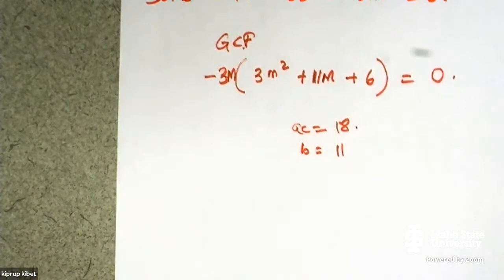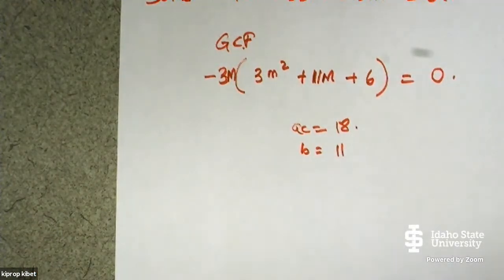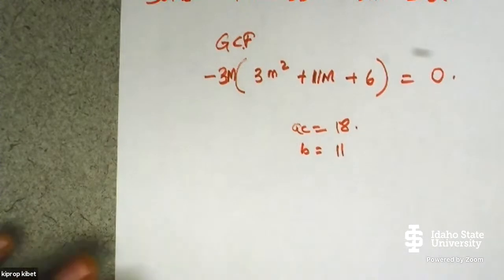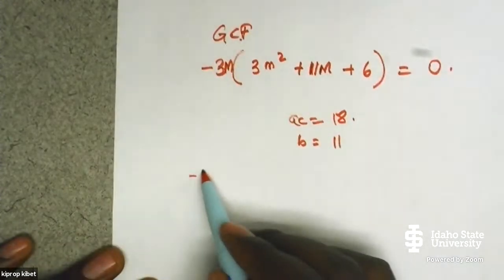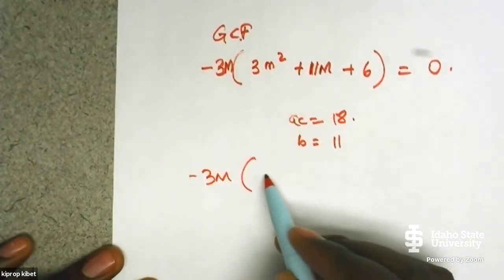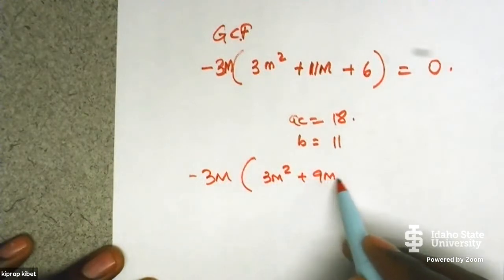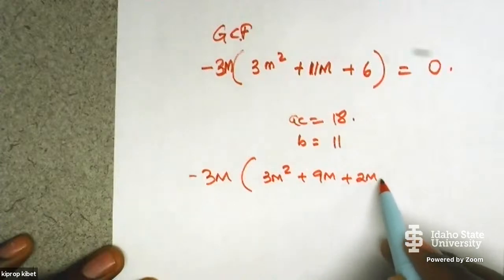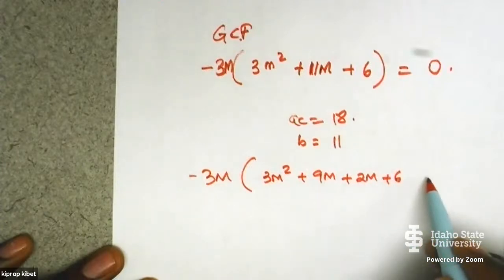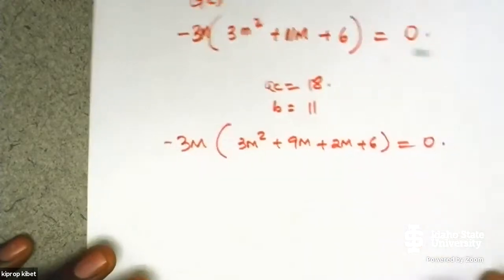What are the two numbers in which the product is 18 and the sum is 11? Am I seeing 9 and 2? Right, 9 and 2. So therefore, -3m(3m² + 9m + 2m + 6) equals 0.